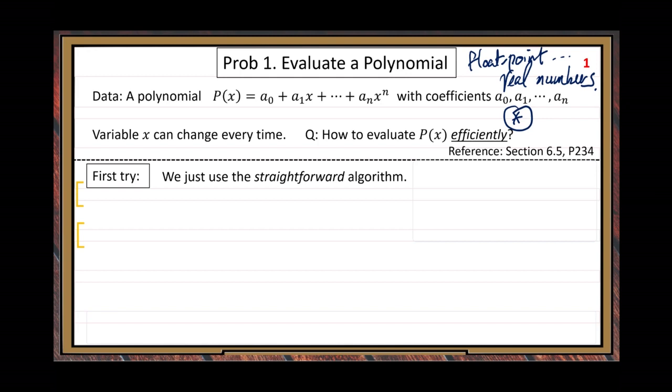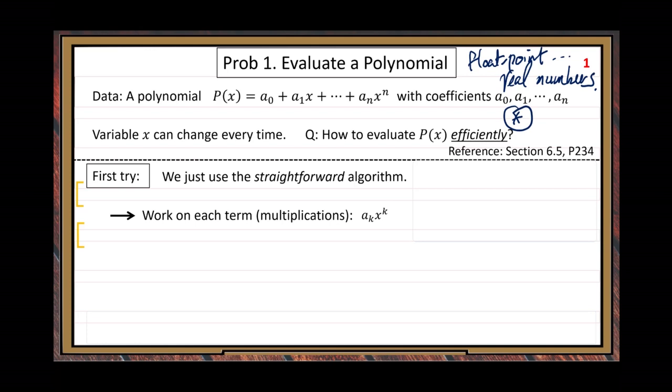So here, let us use the straightforward algorithm. Let's try in this way. First, we consider working on each term in the polynomial. Here, the typical representation of a term is a sub k times x to the kth power.